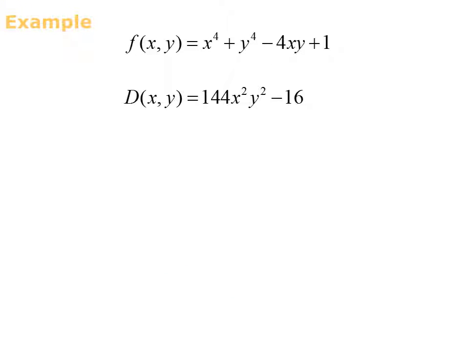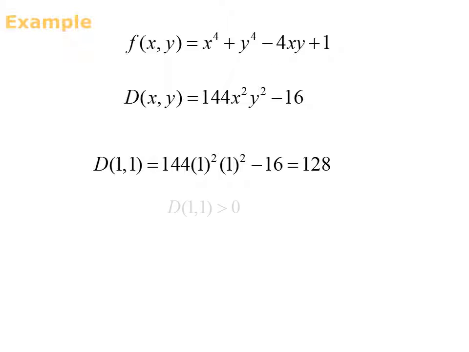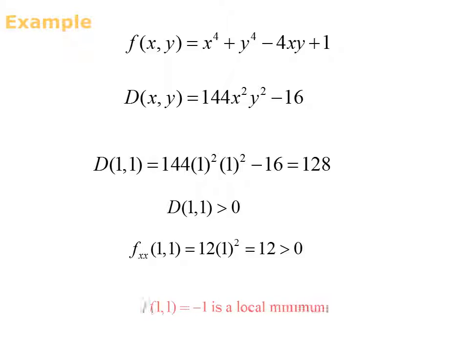We take another critical value, in this case 1, 1, plug it into the discriminant, we get positive. Well, if the discriminant is positive, then we check the second partial. The second partial of x comes out positive.